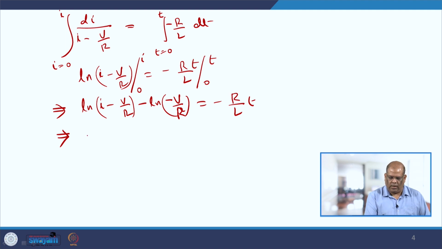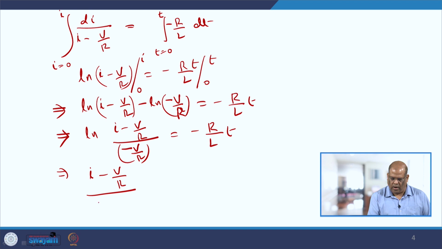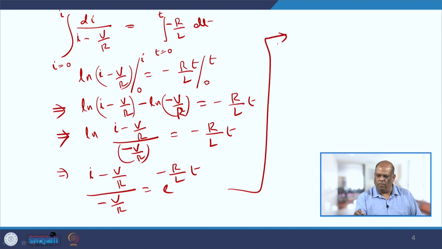This can be written as ln of I minus V by R divided by minus V by R equal to minus R by L t, which implies I minus V by R divided by minus V by R equal to e to the power minus R by L t. This implies I minus V by R equal to minus V by R e to the power minus R by L t.